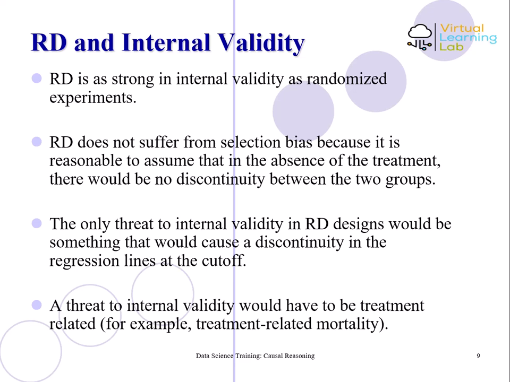Now, the threat to internal validity here would be something that happens at the cutoff that would jeopardize the inference about that discontinuity. So, for example, if there is attrition around the cutoff, that could be a threat to validity.